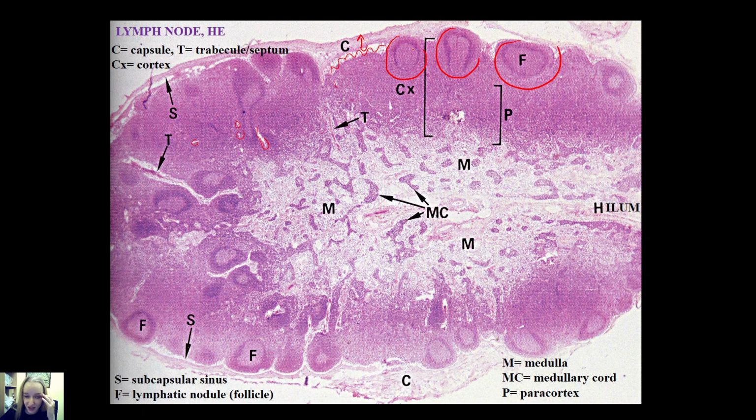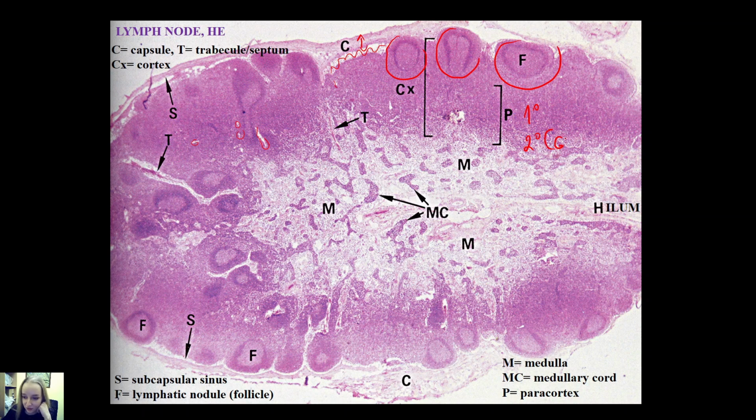And now we have a closer look at lymphatic follicles, what is really going on inside the lymphatic follicles right here. We differentiate primary and secondary lymphatic follicles. Secondary lymphatic follicles contain something called a germinal center.